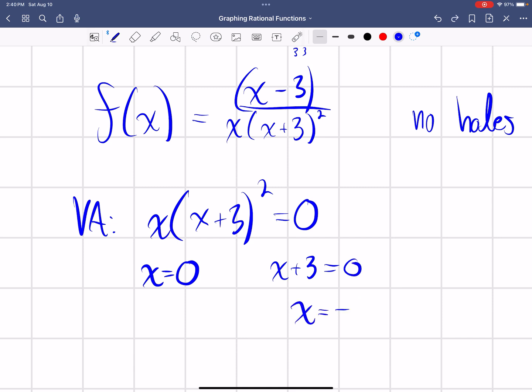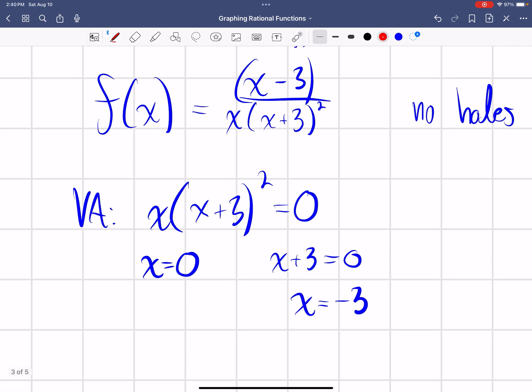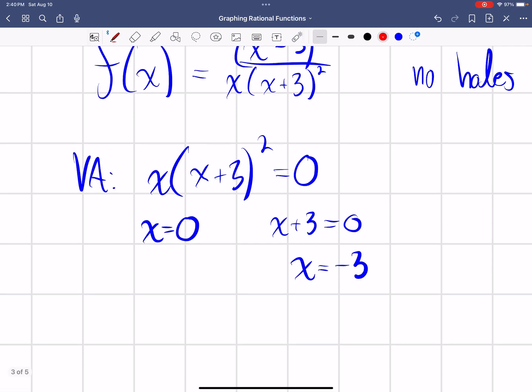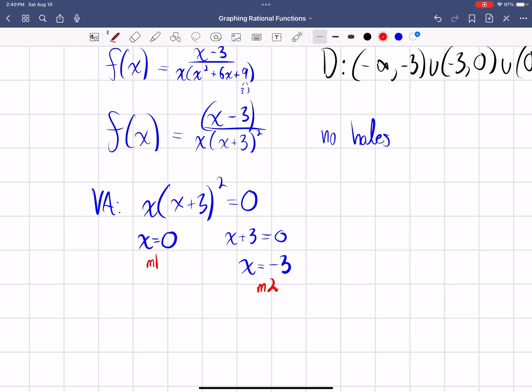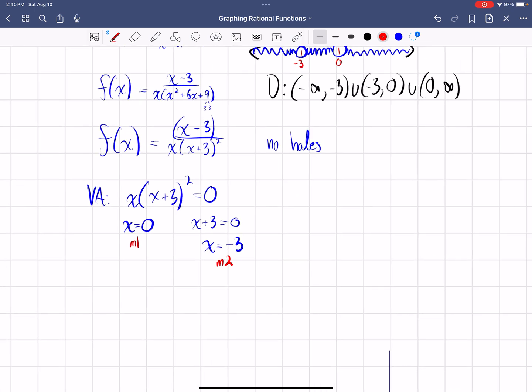But remember, really useful to keep track of multiplicities. X equals 0 we only got once, but x equals negative 3 we got twice. You can see that factor is squared, so that has a multiplicity of 2. So those are our vertical asymptotes. We'll graph everything at the same time. We'll leave that there for now.